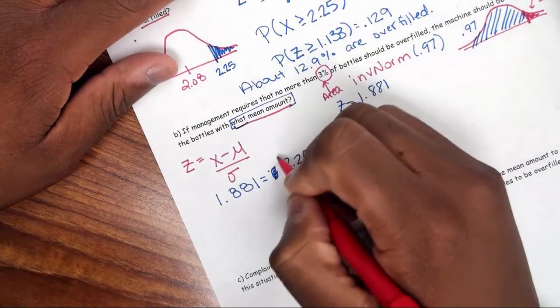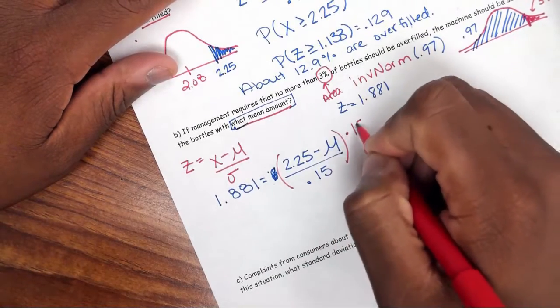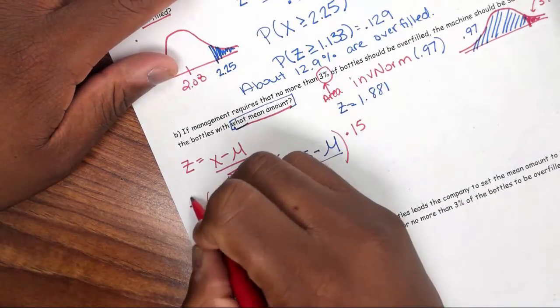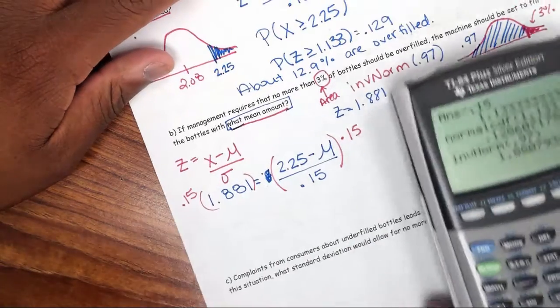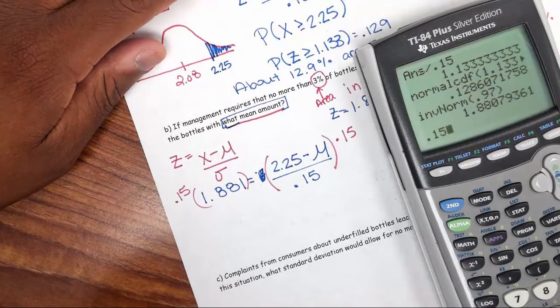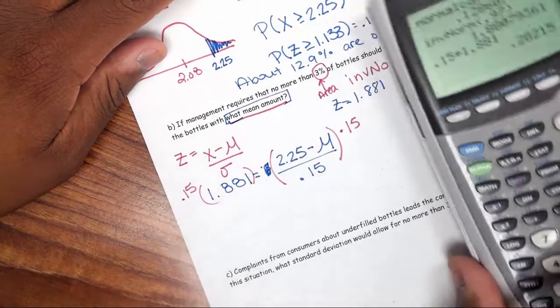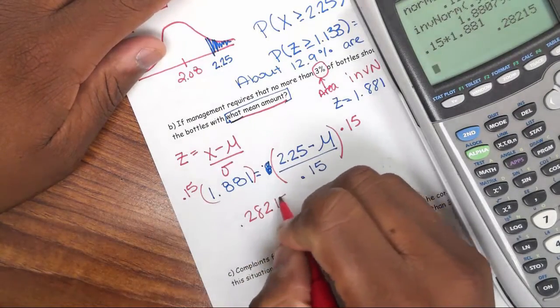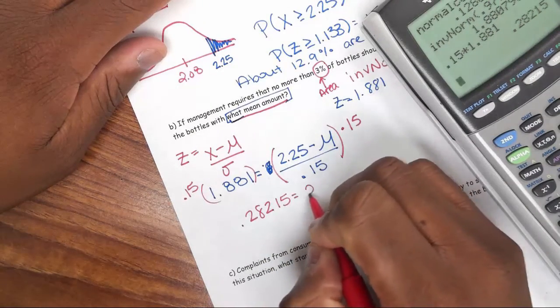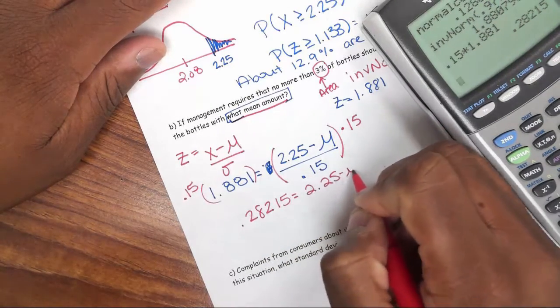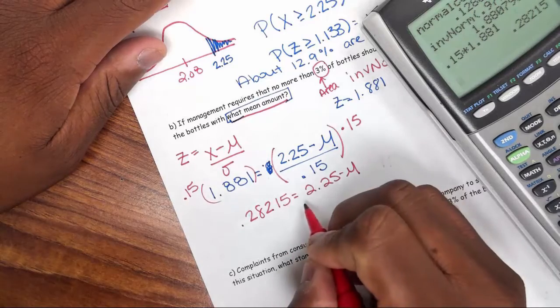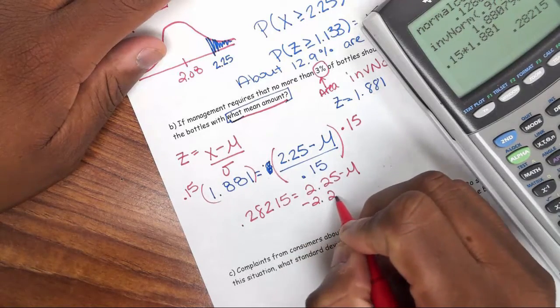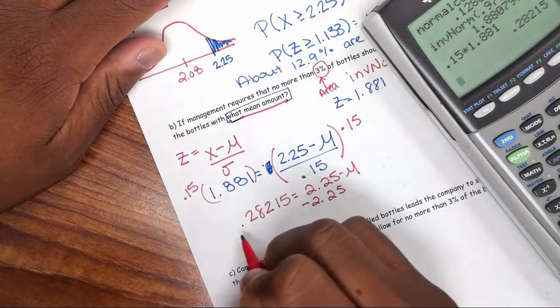Solving this equation for the mean. So we multiply both sides by 0.15 first, times 1.881. 0.28215 is equal to 2.25 minus mu. Subtract 2.25 from both sides.